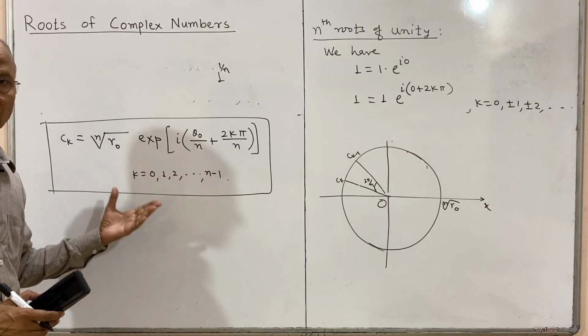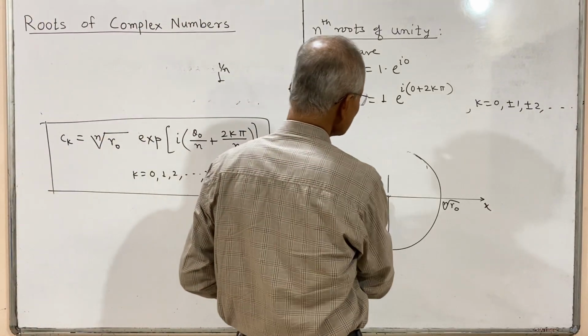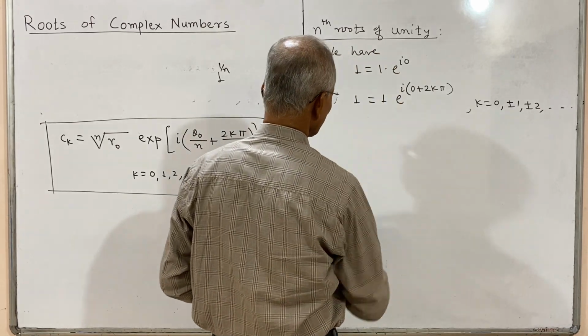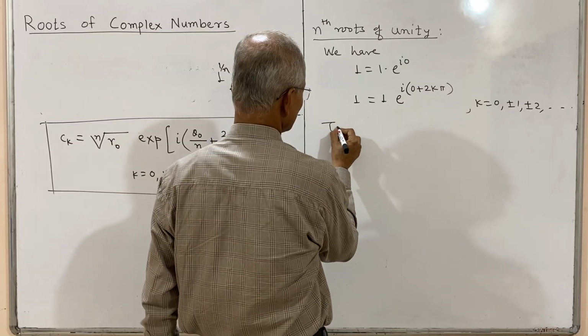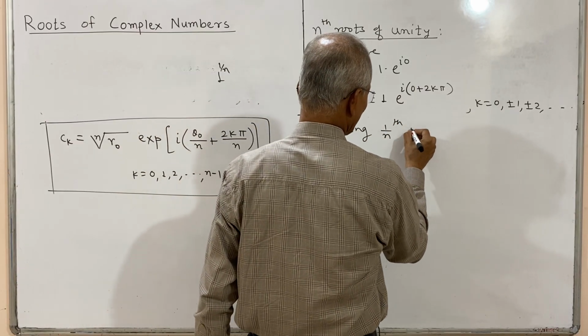Other roots will be repeated roots, and therefore here we shall consider the nth root of unity, taking 1 by nth power on either side.